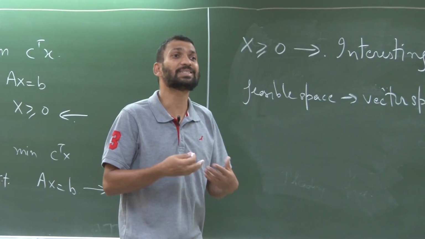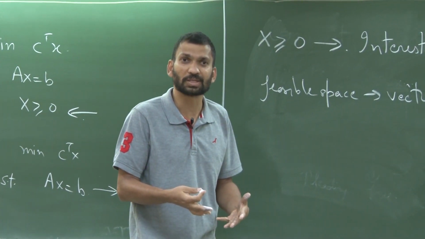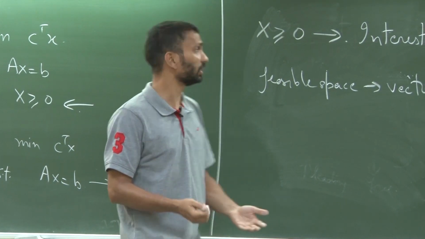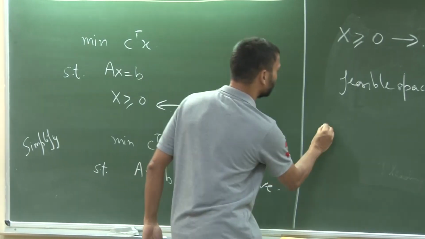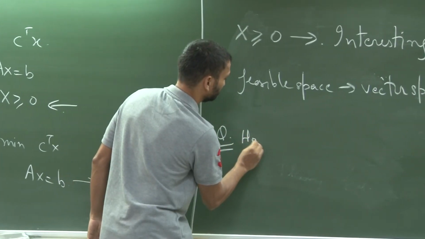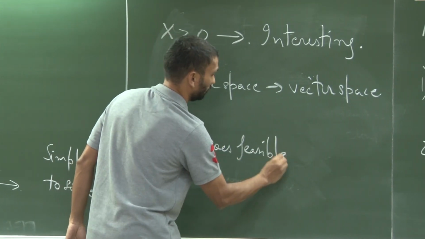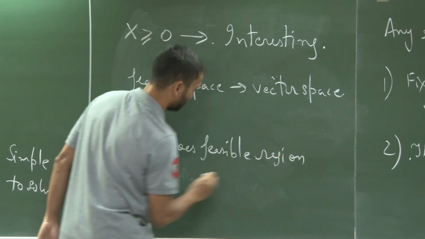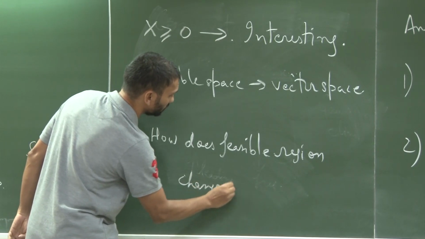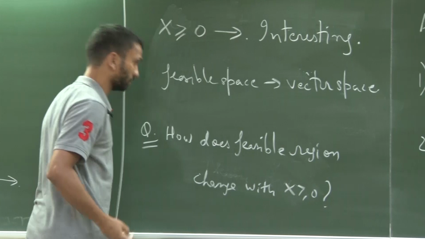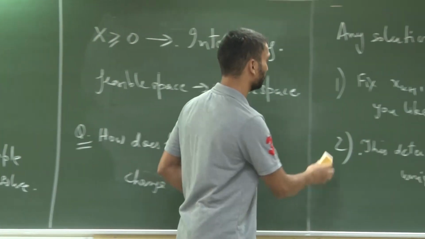So, the question is, is there still some structure of the feasible space which allows us to solve it easily? In other words, how does the feasible region change with the x greater than or equal to 0 constraint?